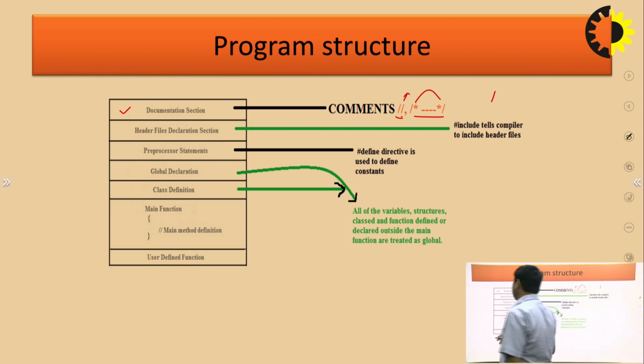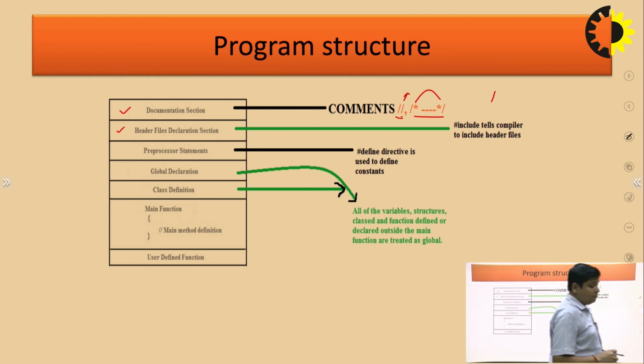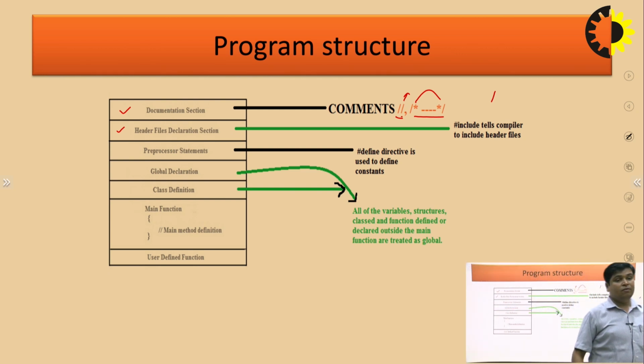Second is the header file declaration section. This section contains all the pre-processing activities, like in C++ we already include hash include stdio.h. Similarly n number of libraries are there, because a library is a collection of functions and methods.